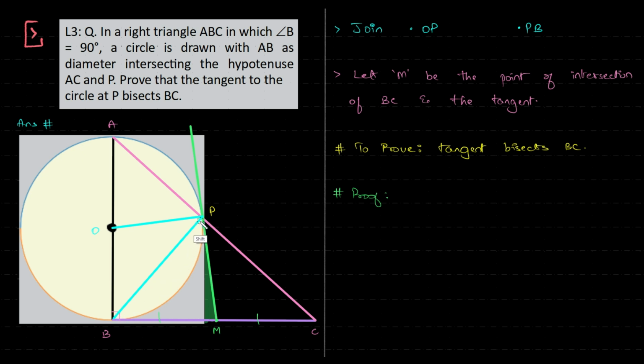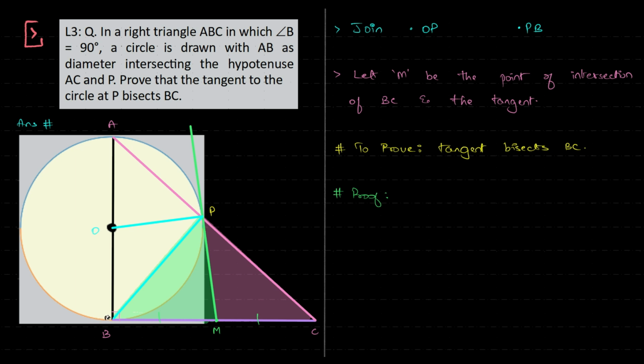Why is it not visible? Oh, okay. Just a second, guys. Now it's visible. We have to relate this triangle with the neighboring triangle. Can we prove that they're congruent? Maybe not.